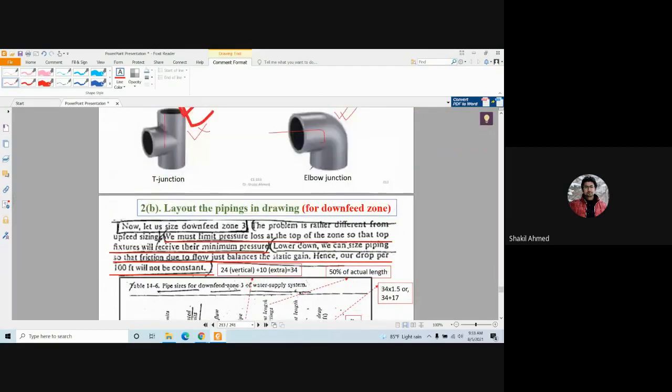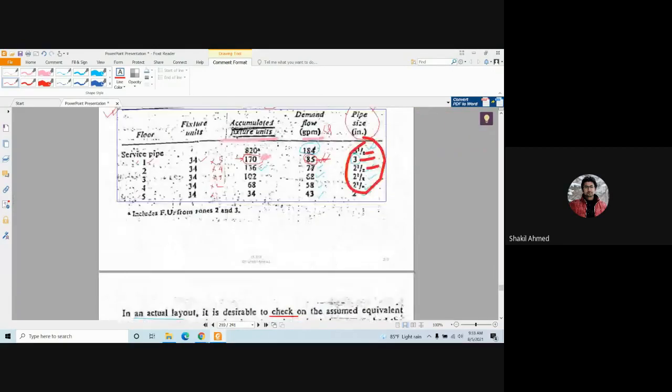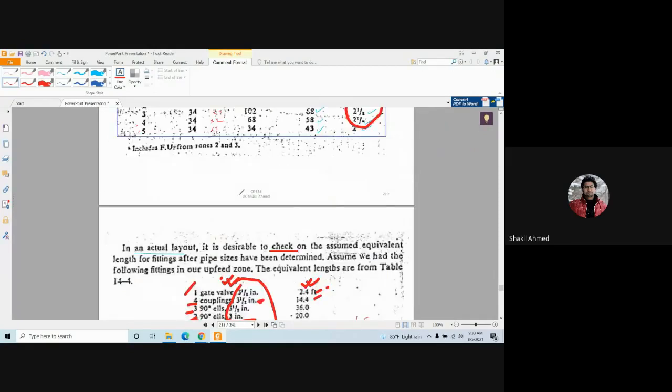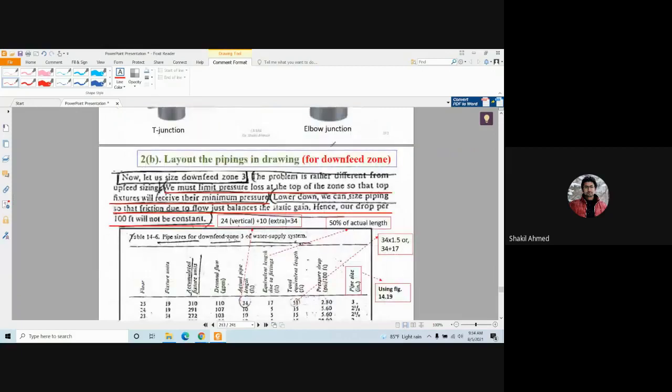So we are done with our pipe sizing in the upfeed zone. Now we will determine the pipe sizing in the downfeed zone. Same principle we will follow.